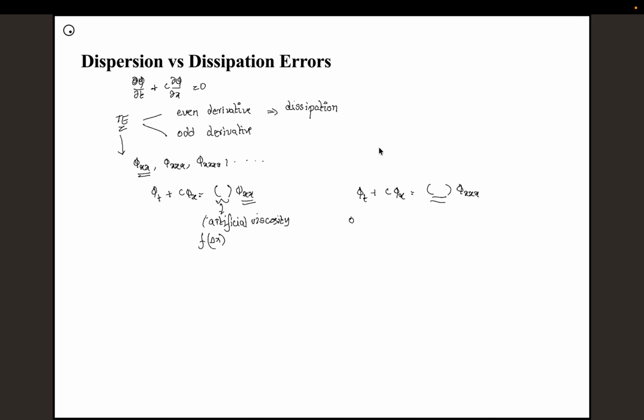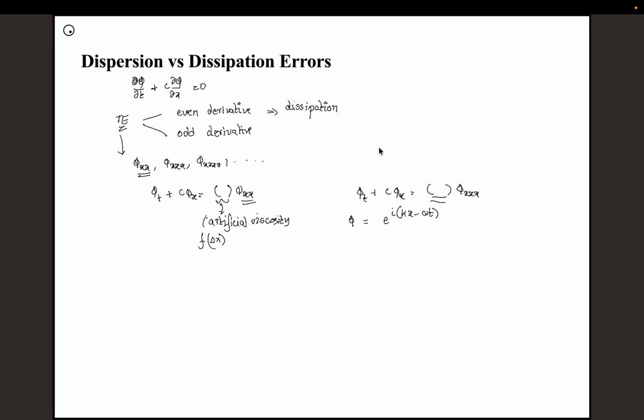Let's say phi has a solution of the sort e power i(kx minus omega t), which is one of the harmonic solutions for this problem, a forward traveling wave.